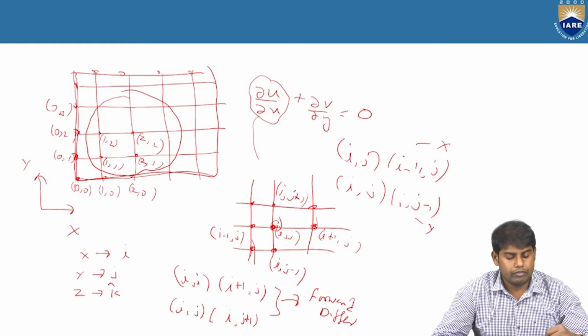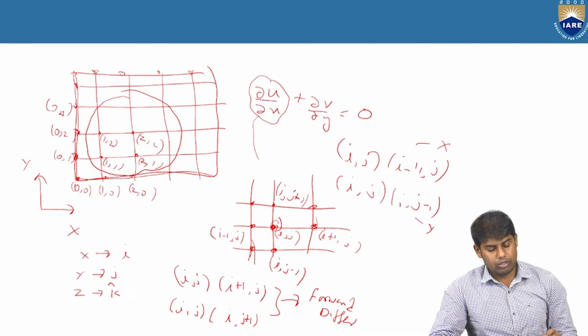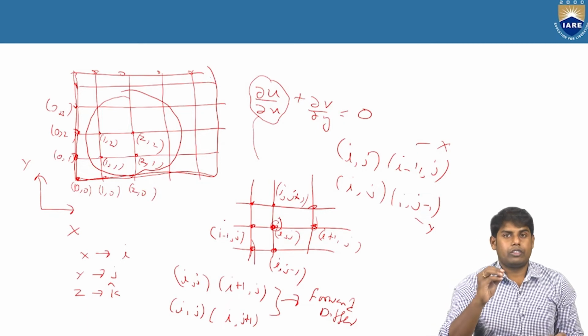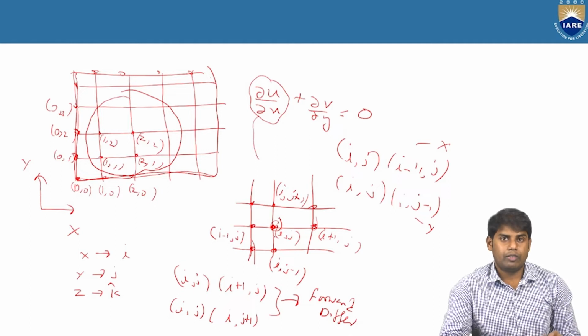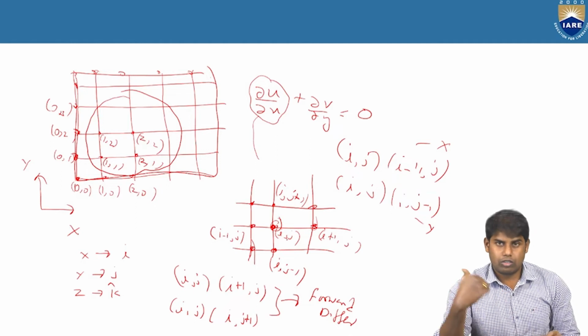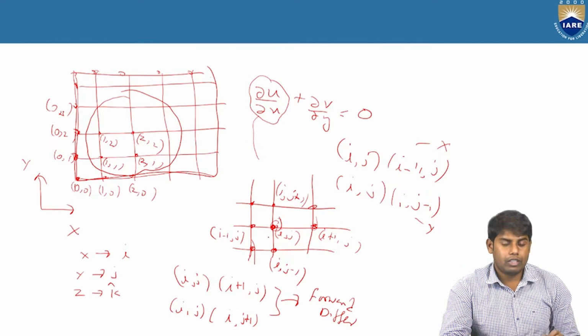If these 2 points are taken into consideration, that goes for the backward difference. The i comma j is the reference point. With respect to the reference point, forward means going rightwards, which is i plus 1, i plus 2 and so on.